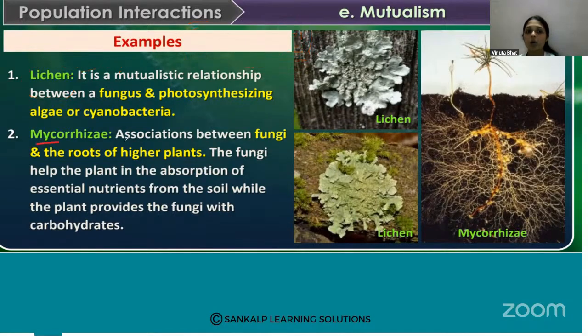Then mycorrhizae. What is this mycorrhizae? It is an association between fungi and the roots of higher plants. Here you can see some fungi present with the roots of the higher plants. How are both the species benefited? The fungi help in the absorption of essential nutrients like phosphorus, and the plant provides the fungi with carbohydrates.